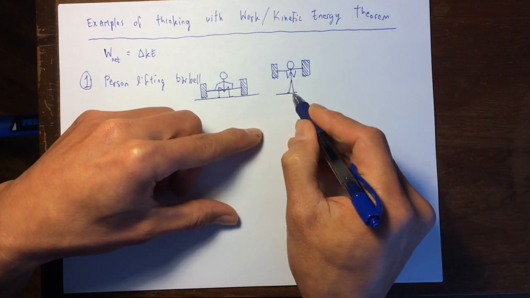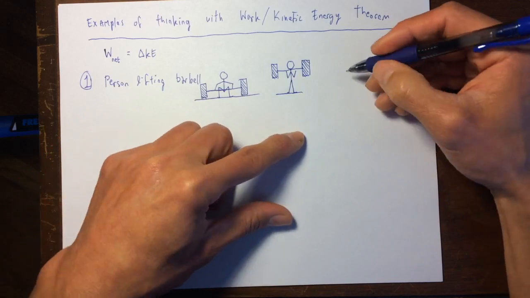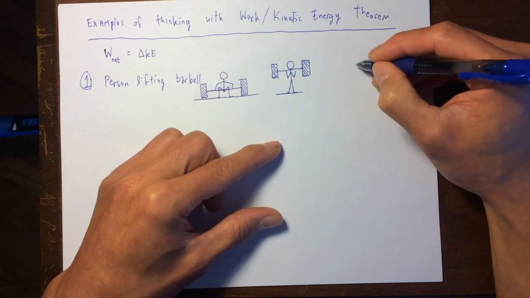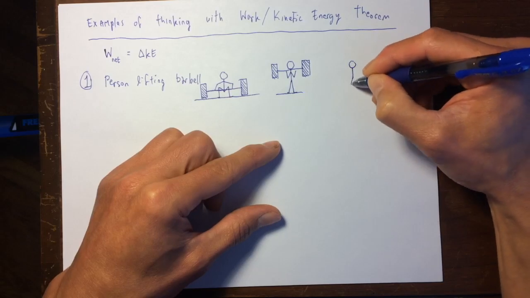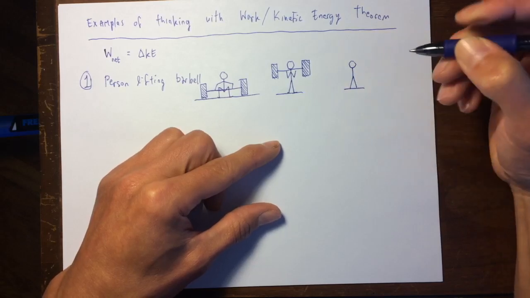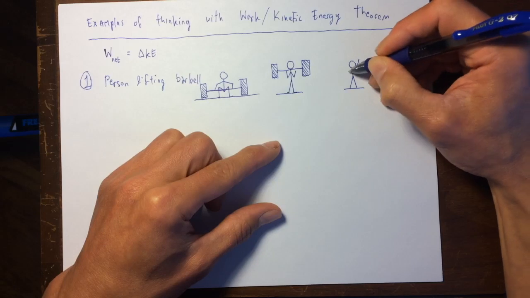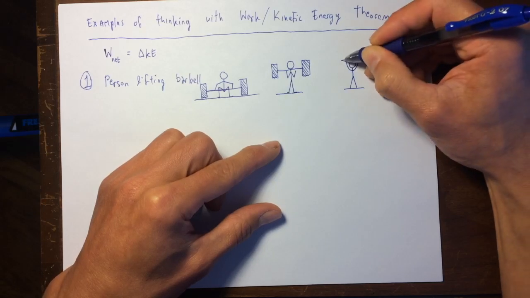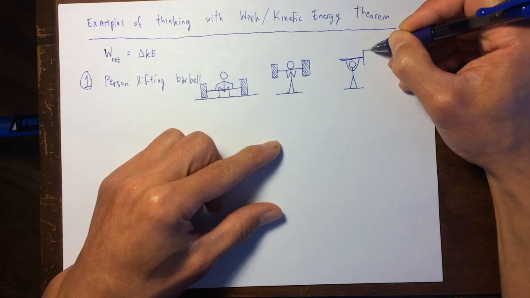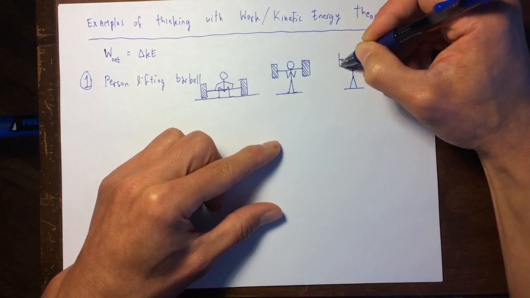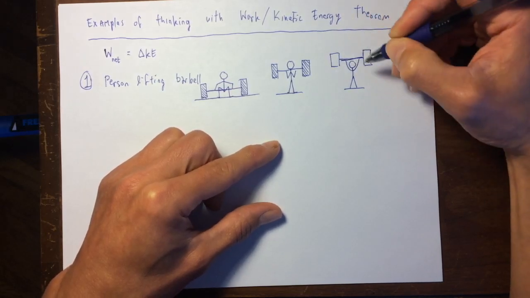I think that's what Olympic lifting is. So they go ahead and they finish. So they're still standing up tall, same height. Here they are, touching the ground, and they have now the barbell above their head.